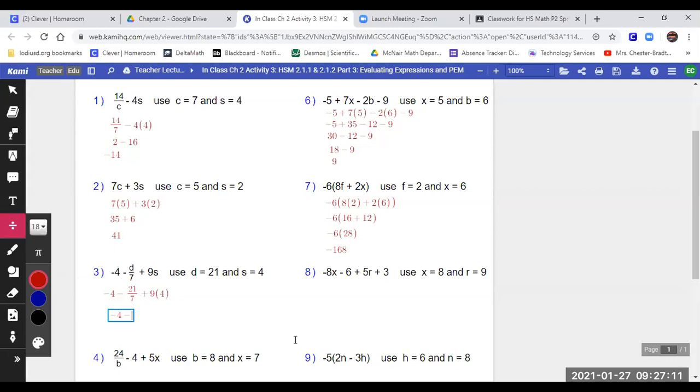So what is the answer of 21 divided by 7? Three. But we put the minus because there was a negative there. So it's a -3.